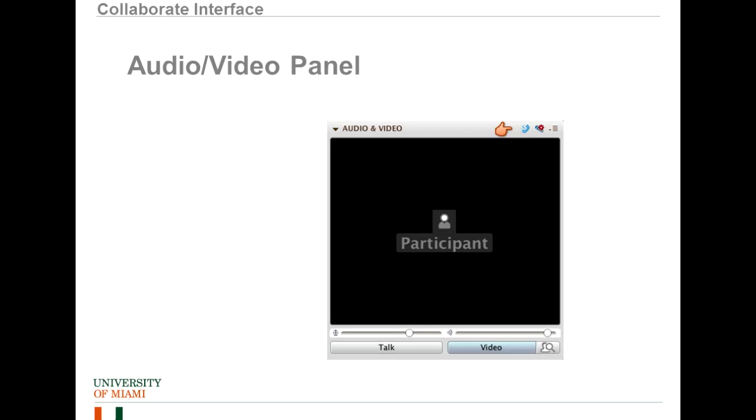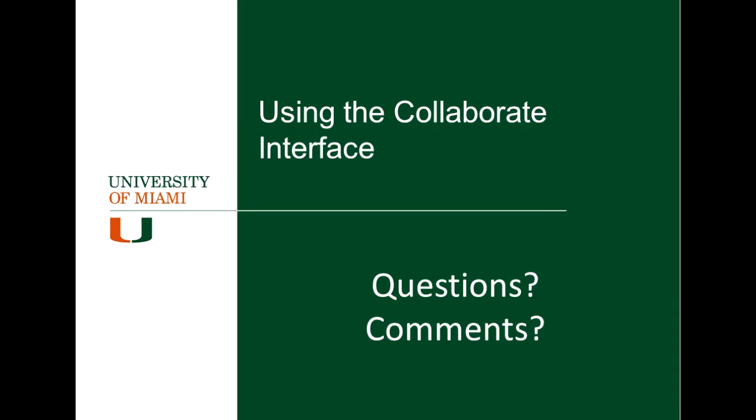It's normally a long-distance number, but it does provide good sound if your computer isn't acting or is acting up. And that finishes the intro to the Collaborate interface. It's pretty simple to use.